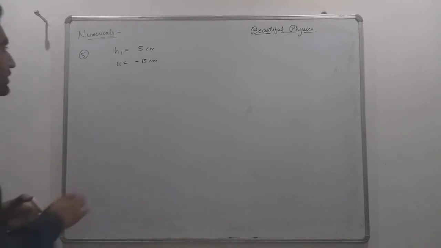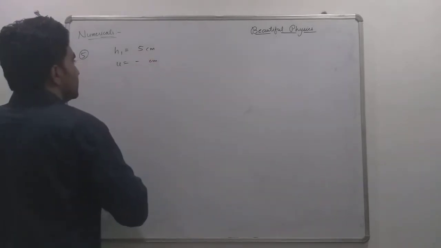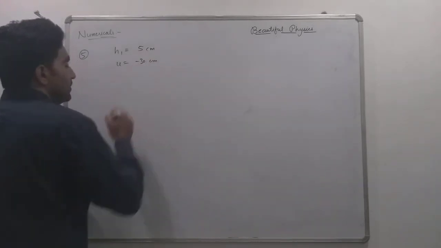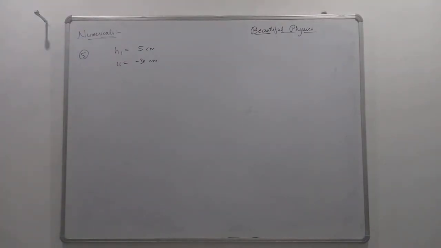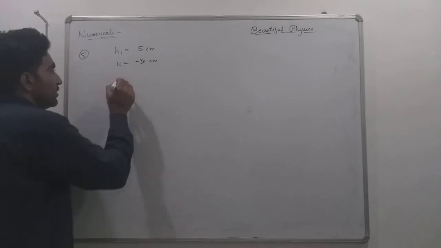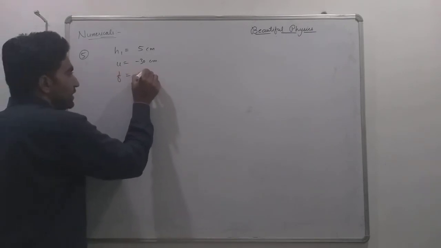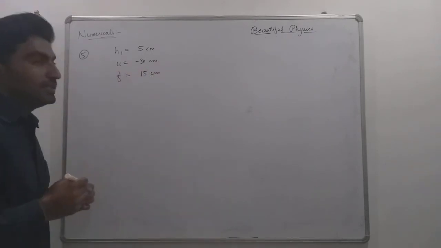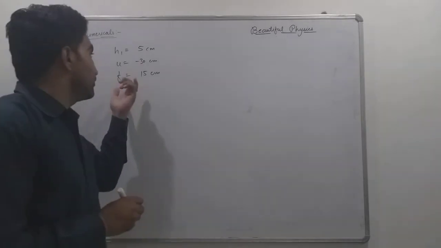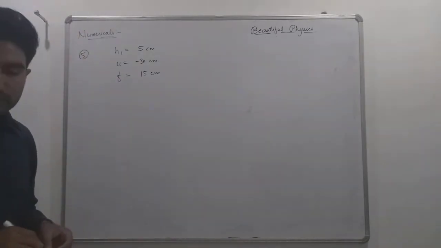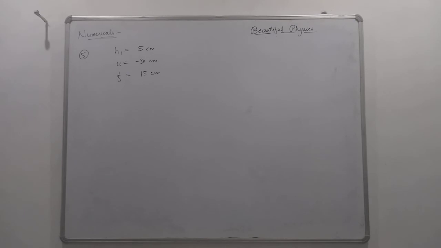Sorry, it is 30 cm from a convex mirror of focal length 15 cm, and we know that it is a convex mirror, and the focal length of a convex mirror is positive, and we have to find the position, size, and the nature of the image formed.